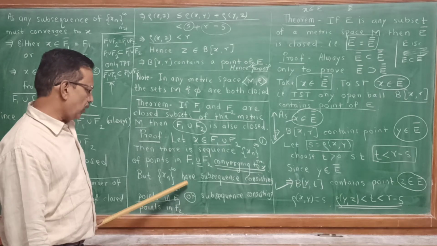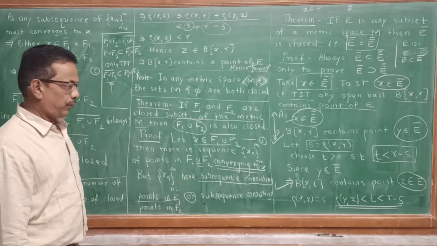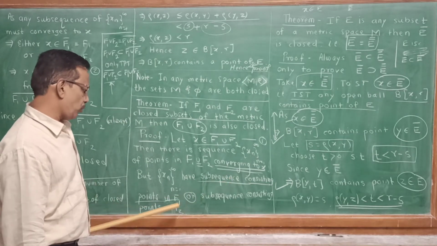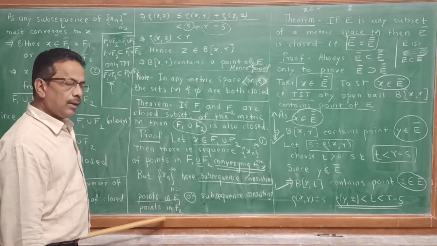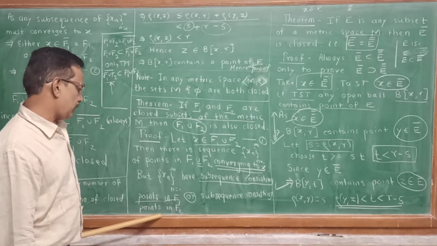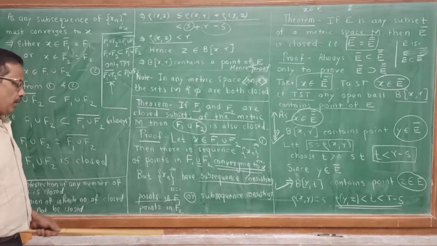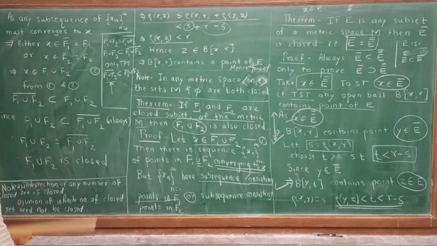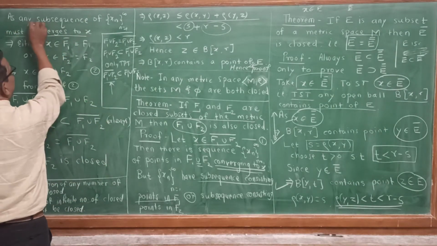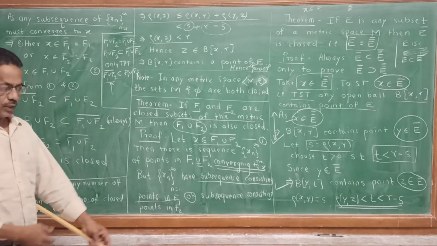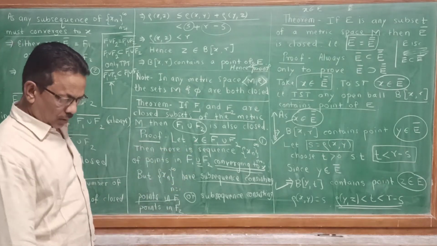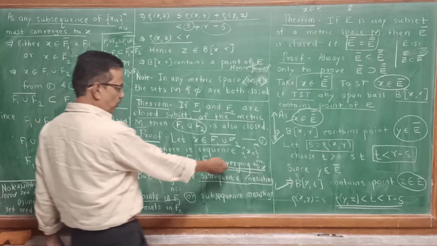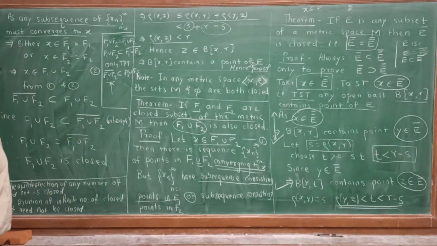That is the meaning of the union of F1 and F2. Therefore, as any subsequence of xn must converge to x, that subsequence must converge to x, because x belongs to the closure of F1 union F2.